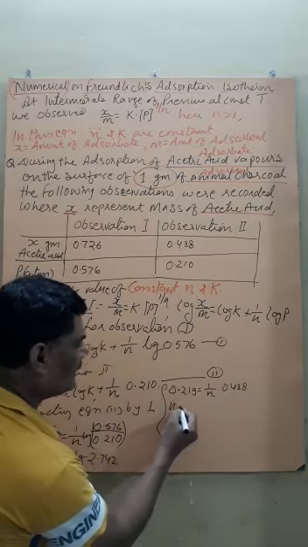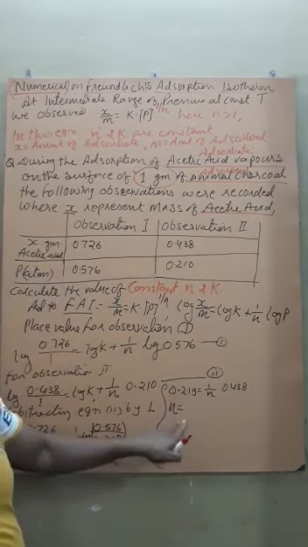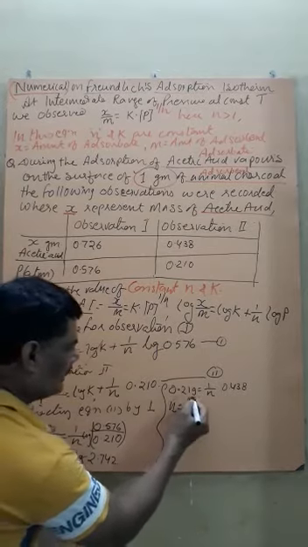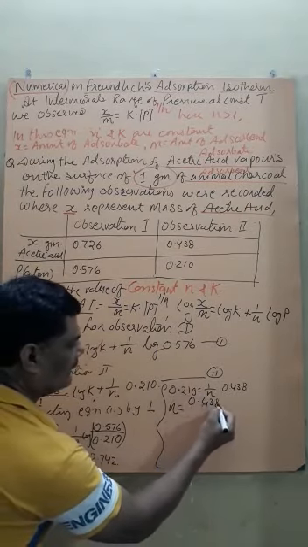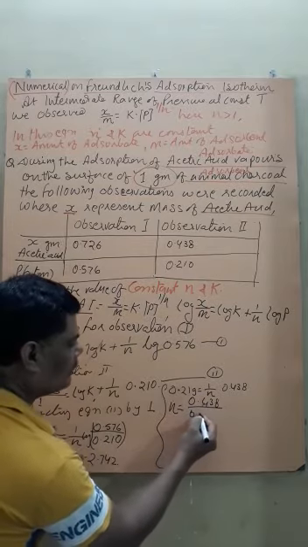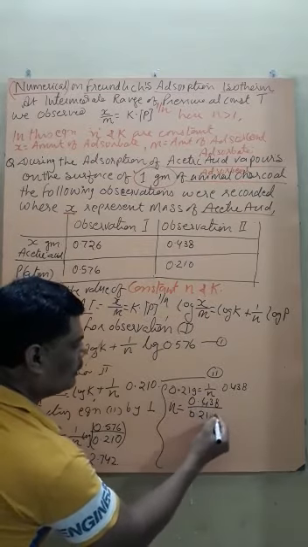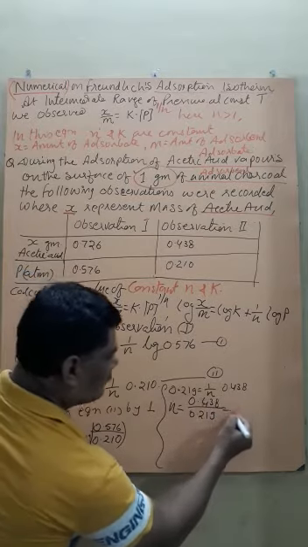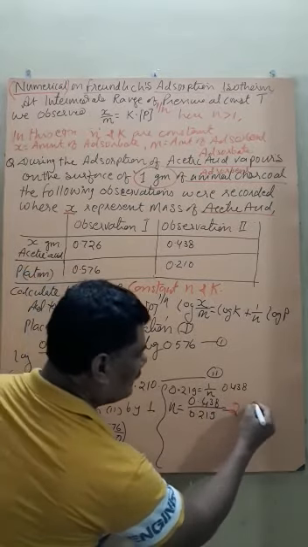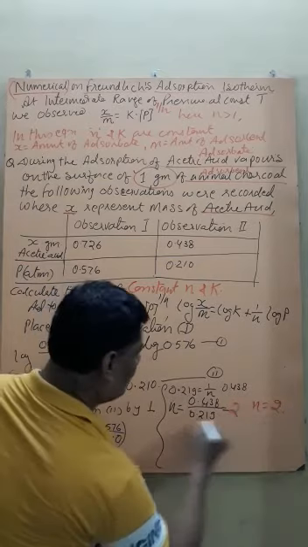Or we can find here n is equal to 0.438 divided by 0.219 is equal to 2. So here the value of n we get is 2.